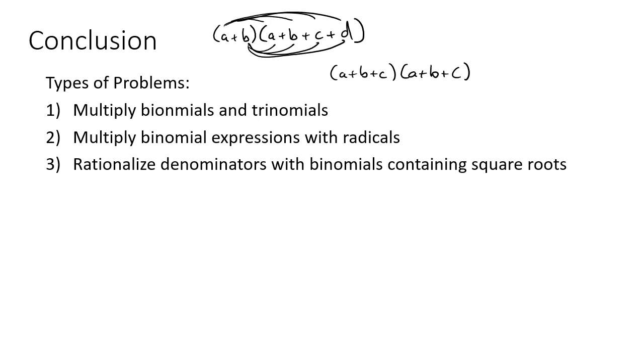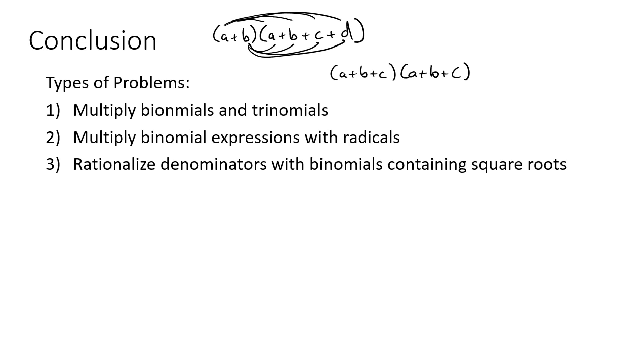The second type of problem, make sure you can also multiply binomial expressions involving radicals, and that's really just making sure you're comfortable with multiplying terms with radicals in them together. And then the final type of problem in the section that we worked in example 3 was make sure that you can rationalize denominators with binomials containing square roots.